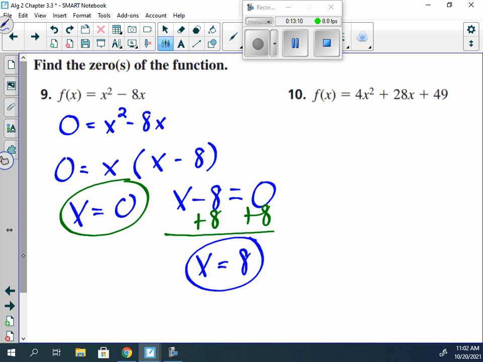That's it. So again, like I said, this wasn't anything more challenging than what we did. It's just recognizing the greatest common factor of x. Wait a minute.